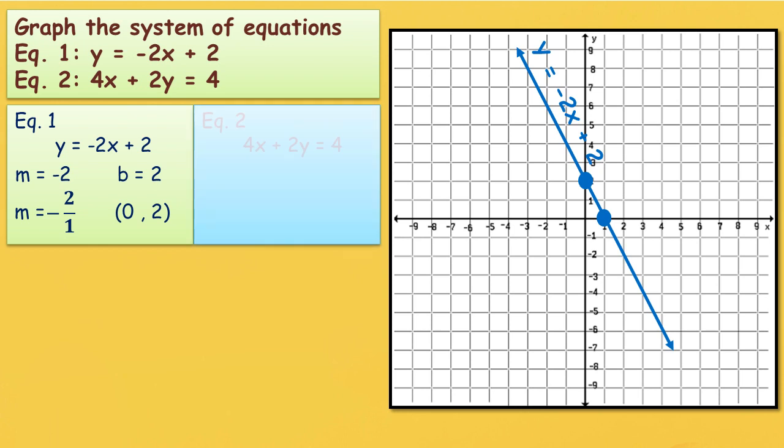Now, let us graph the second equation. 4x plus 2y is equal to 4. Kung mapapansin natin, ang equation ay nasa standard form. So, para mahanap natin ang slope at ang y-intercept, we need to rewrite it into slope-intercept form. So, hindi ko na ipapakita kung paano i-rewrite yan. Let us just get the slope. And the slope is negative 2.